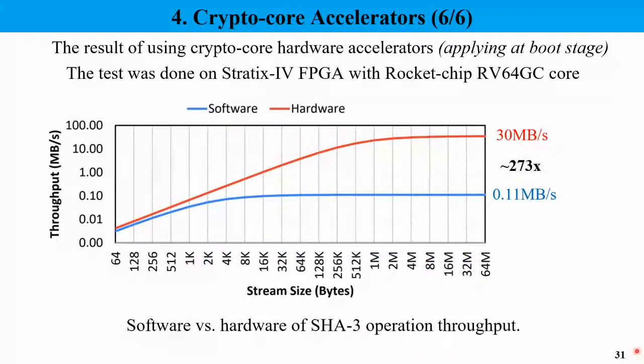Here we also show the throughput of the verification operation using SHA-3. The acceleration can output up to 30 megabytes per second. This is about 270 times faster than using pure software.